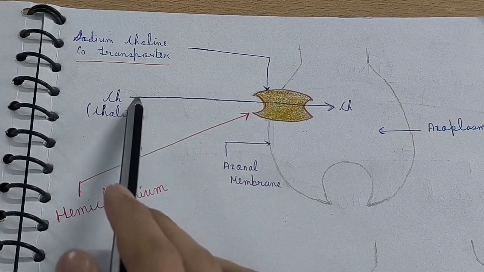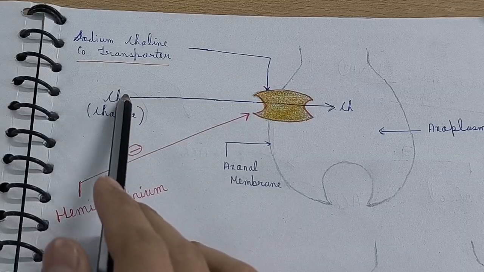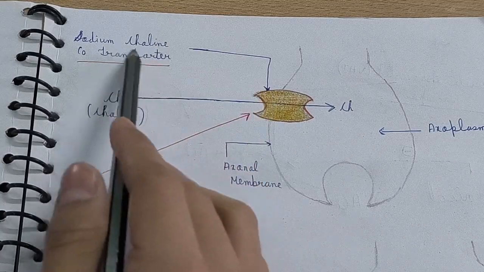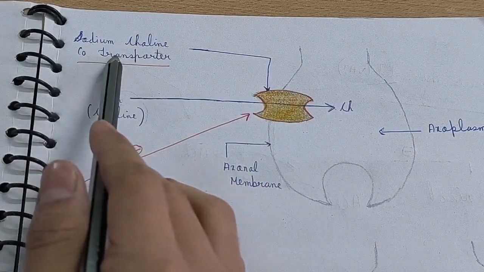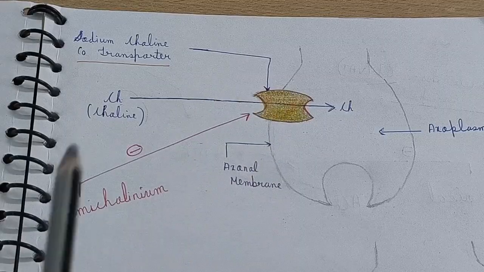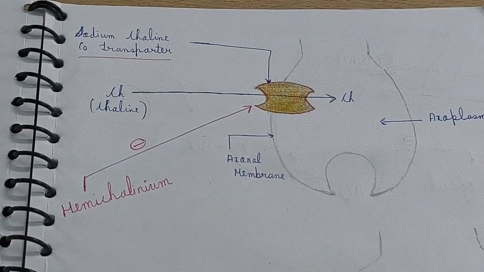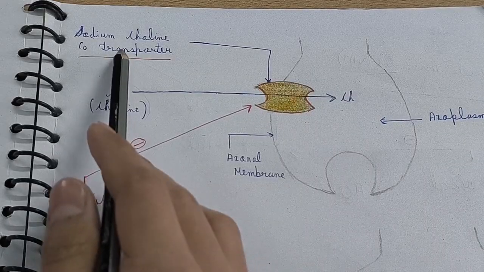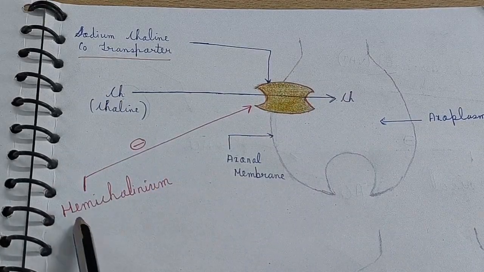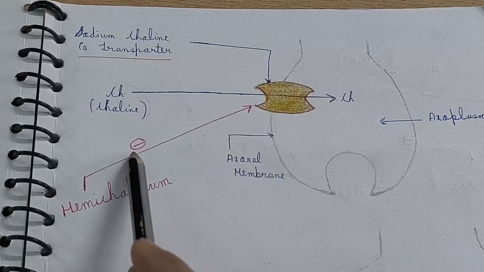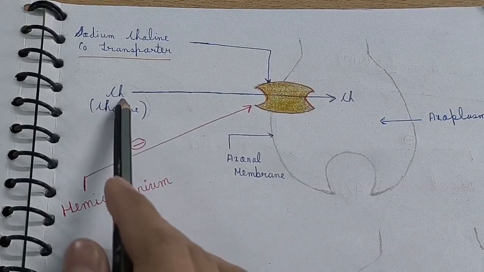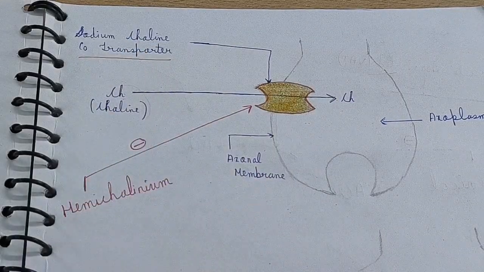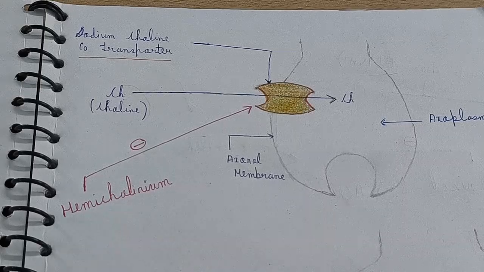As you already know, choline transportation from outside to inside of the axoplasm is done by a transporter, the sodium choline co-transporter located in the axonal membrane, but this drug inhibits this transport of choline by inhibiting the sodium choline co-transporter. So this is the drug hemicholinium.